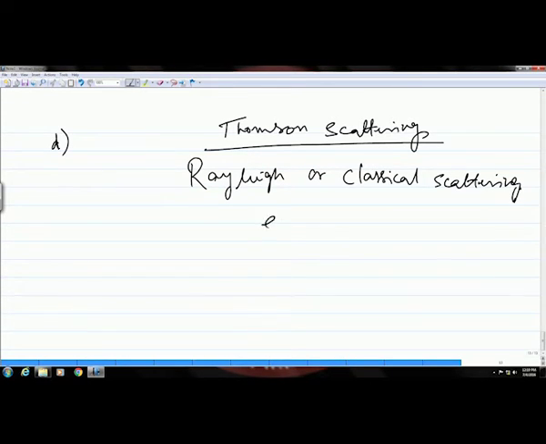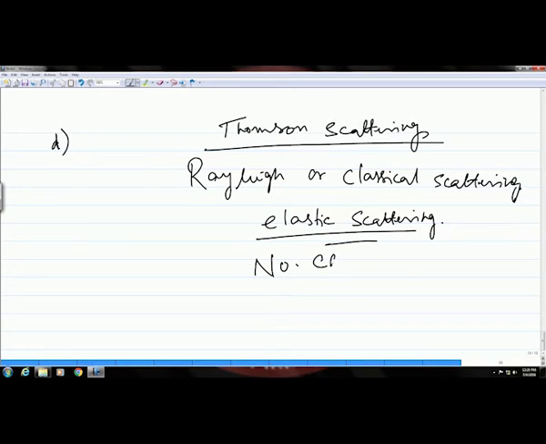and in this case there is no loss in the energy, because the scattering is elastic scattering, meaning the X-ray photon does not lose any energy when it is going through the material. Okay. So, it just goes through without losing any energy, and that is why this is known as elastic scattering, as there is no change in the energy of the X-ray photon.